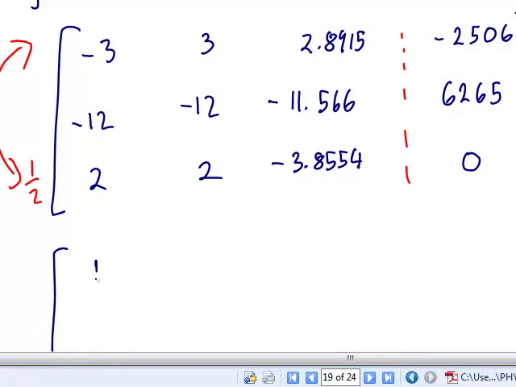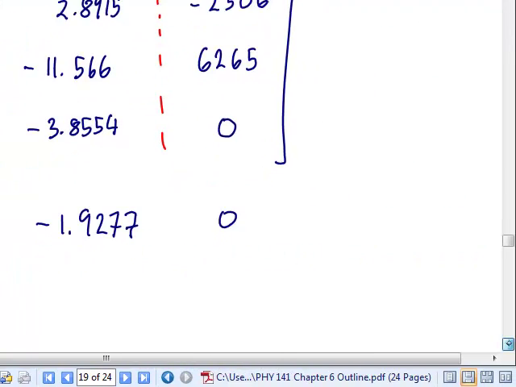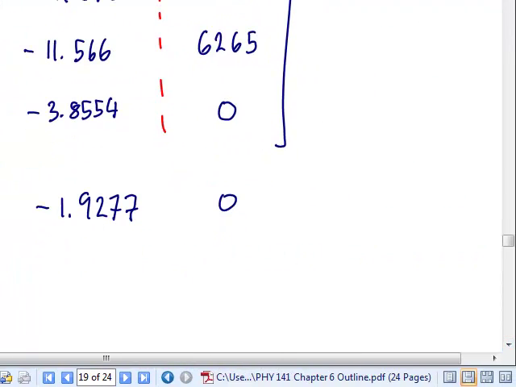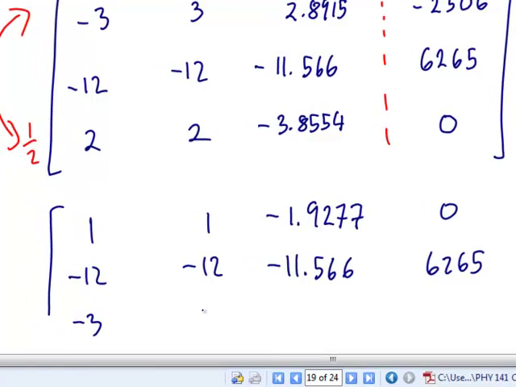So that's going to give me 1, 1, negative 1.277, and 0. Negative 12, negative 12, negative 11.566, and 6265, and negative 3, 3, 2.8915, negative 2506.